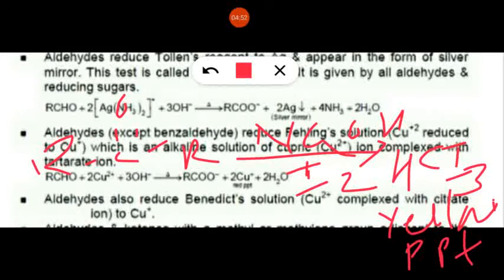Sodium hydroxide and iodine form sodium hypoiodite, which also acts as a reducing agent, and the ketone is converted into carboxylate.